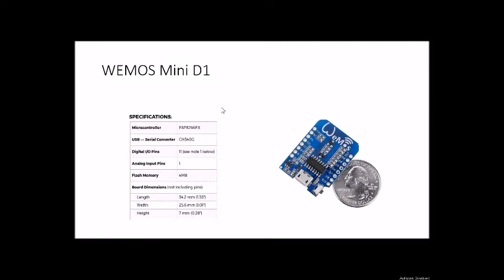This is a picture of the WEMOS D1 Mini. It's 1.35 inches by 1.01 inches. It has 11 I/O pins, and it has 4 megabytes of flash memory, which you can actually get a lot of programming into.